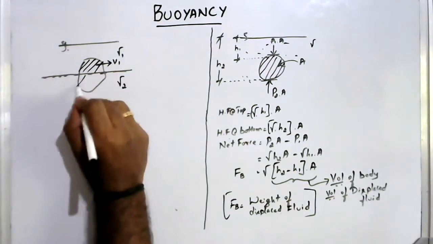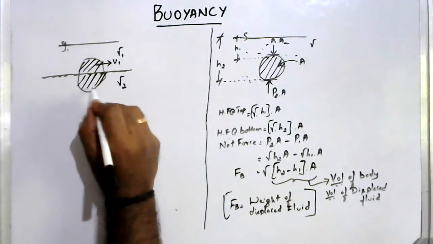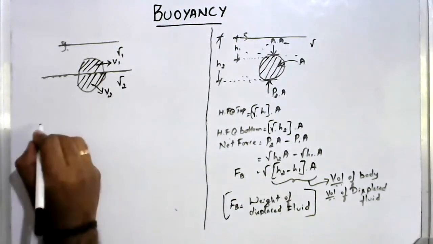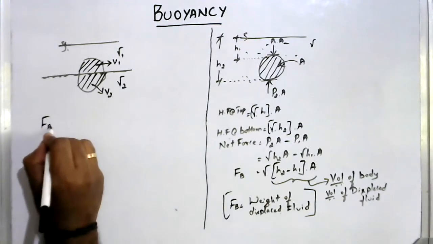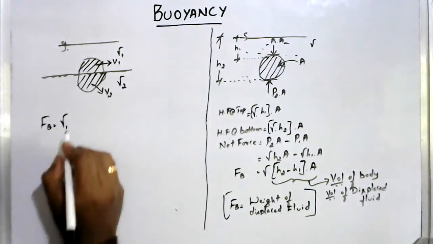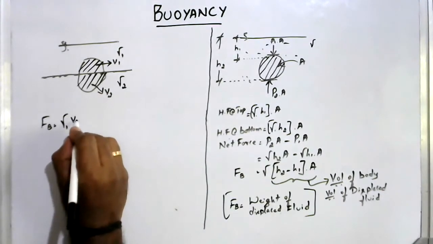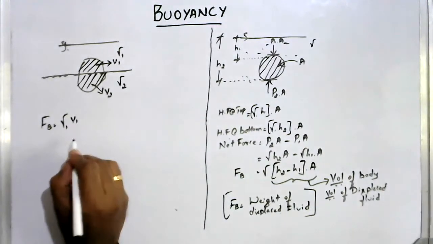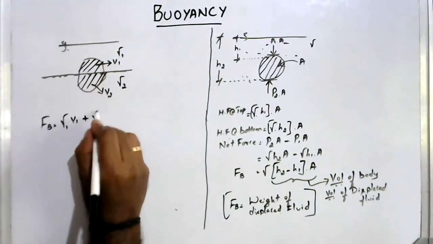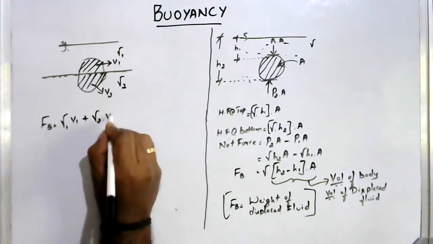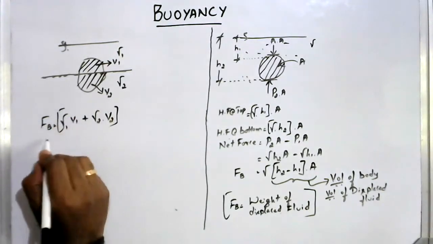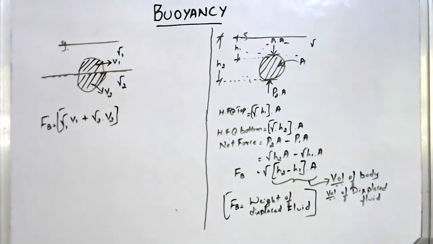This volume which is immersed in the second fluid will be taken as V2. Now the buoyancy force will be written as the specific weight of the first liquid multiplied by the volume of the body in liquid 1, plus the specific weight of liquid 2 and the volume of the immersed body in liquid 2. Like this, you can calculate the buoyant force.